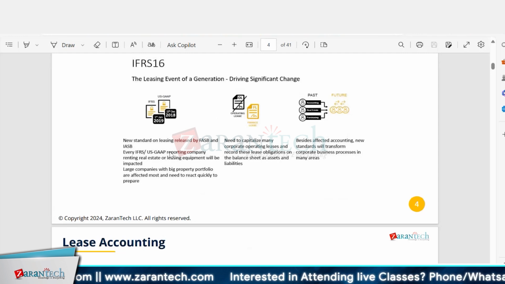New standard on leasing released by FASB and IASB. Every IFRS and US GAAP reporting company renting real estate or leasing equipment will be impacted. Large companies with big property portfolios are affected most and need to react quickly to prepare.